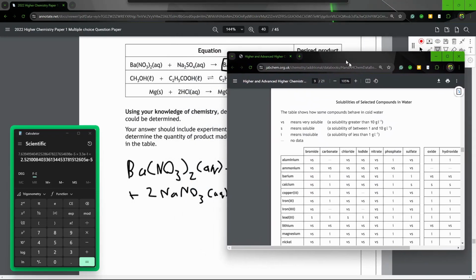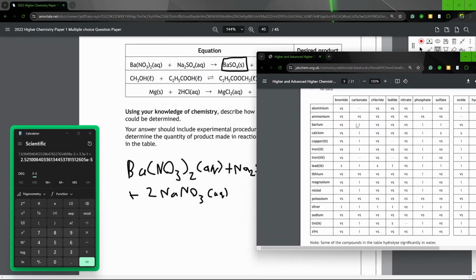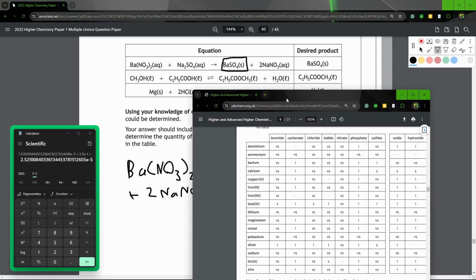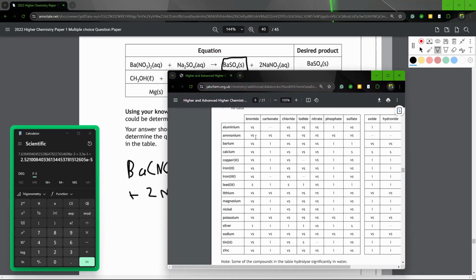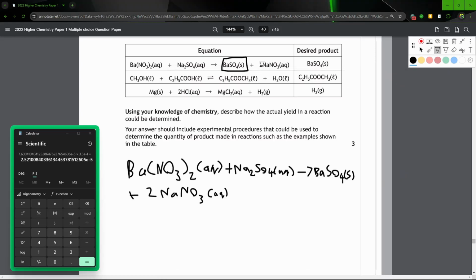Barium sulfate is insoluble, so that's why it's a solid, it would be a precipitate. Sodium nitrate is very, very soluble. So that means we're going to have to get rid of that. Well, we can just filter it.